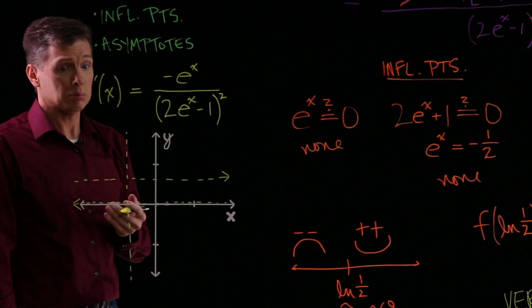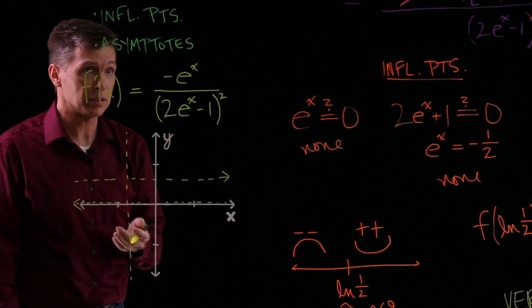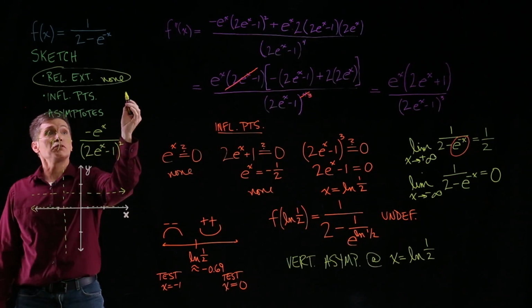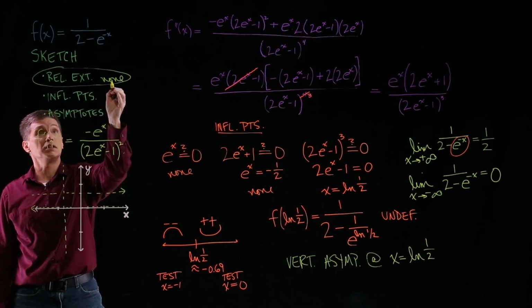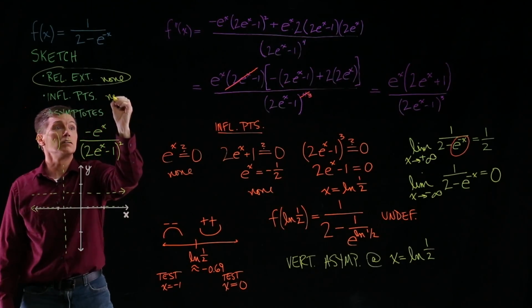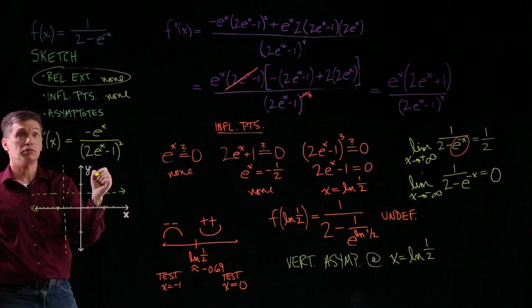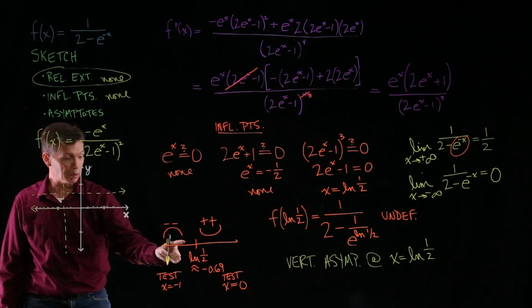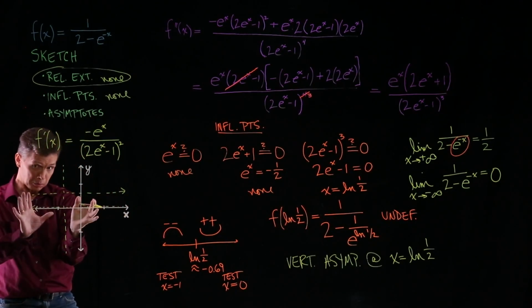Okay. Now I'm pretty much ready to graph this. Just for the sake of completeness, I said there were no relative extrema. There are also no inflection points. But I am going to keep an eye on that change in concavity when I go to do my graph.